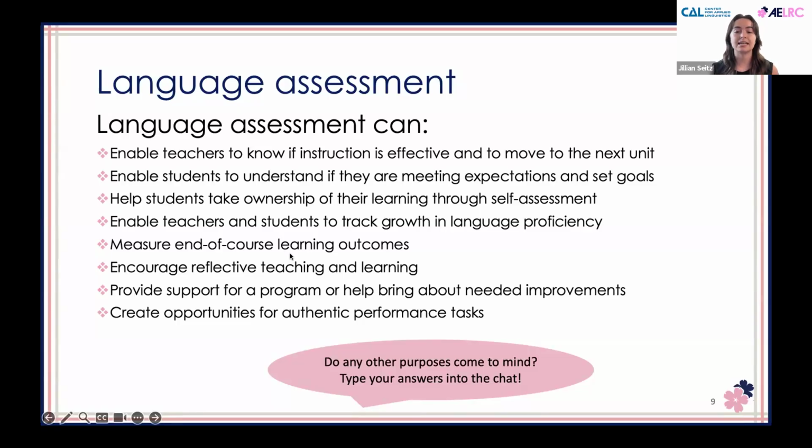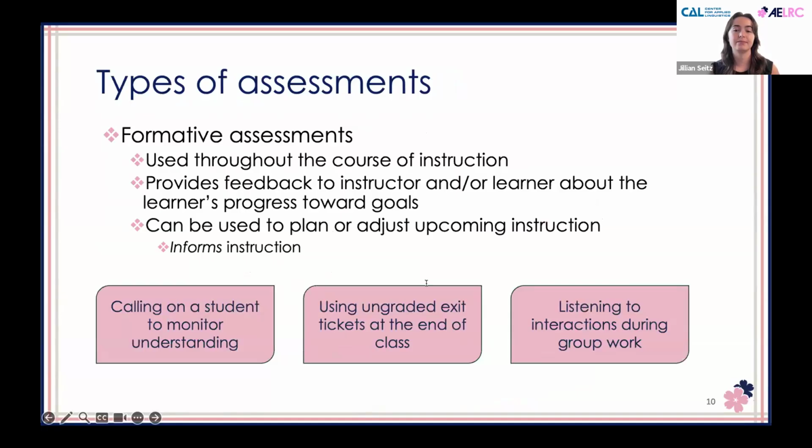When it's utilized as evidence for program evaluations, assessment can provide support for programs or even bring about needed improvements. And like we'll discuss in a little bit more detail in just a moment, language assessment can create opportunities for assessment performance tasks. Do any other purposes for assessment come to mind? Please feel free to share your thoughts in the Zoom chat.